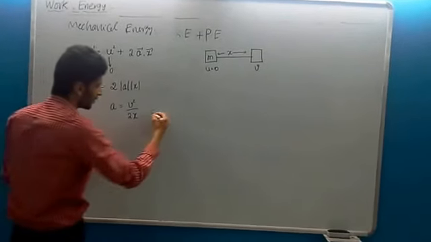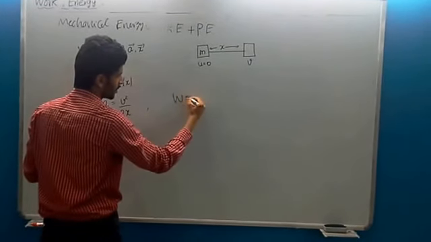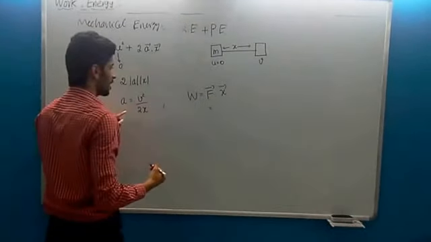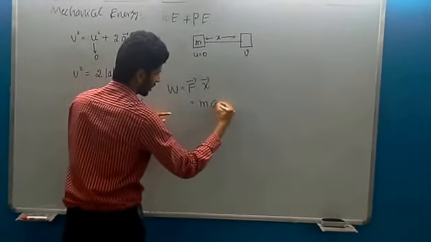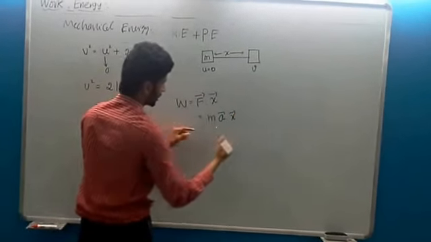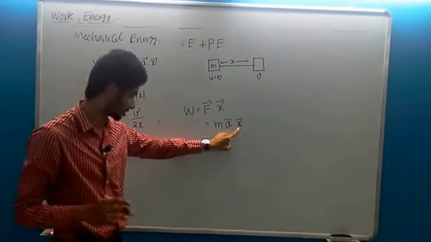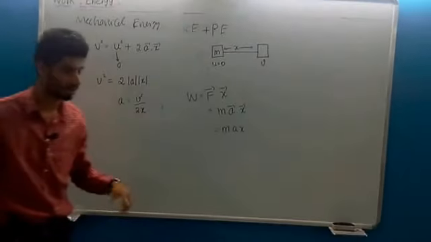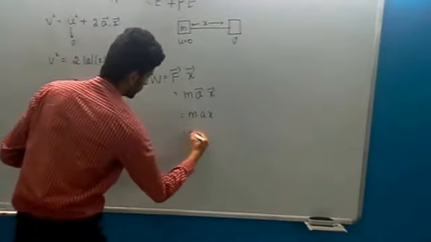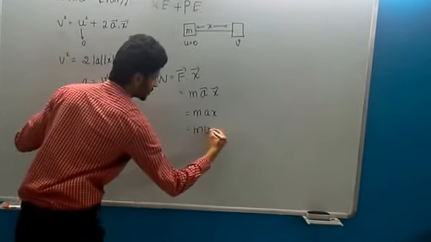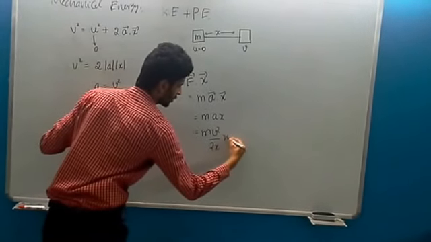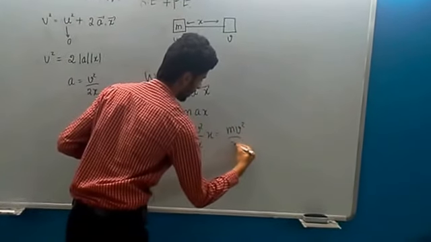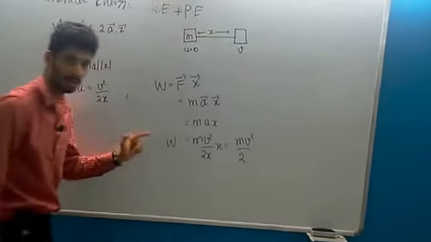2x. Now I know the definition of work, which is force dot displacement, and force is mass times acceleration. As I told you, acceleration and displacement are in the same direction, so I don't have any problem writing ax because cos 0 is 1. So a is v square by 2x, into x. The x cancels, so we get m v square by 2. This is nothing but the work done.